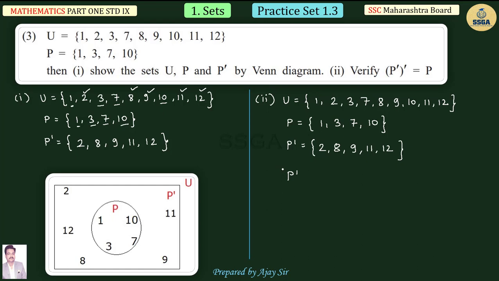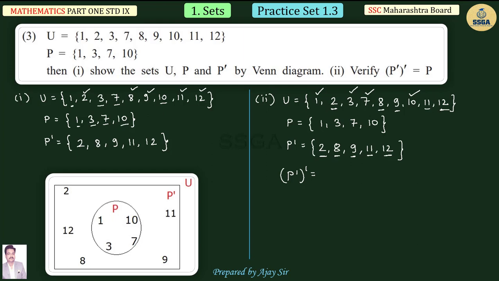So here, these elements which are common in U and P complement, this is 11 and this is 12, also common in both sets. Therefore the remaining elements are 1, 3, 7, 10.